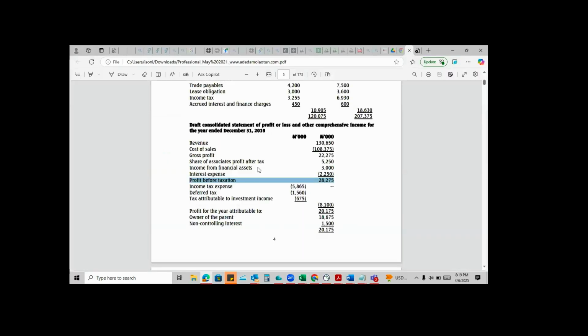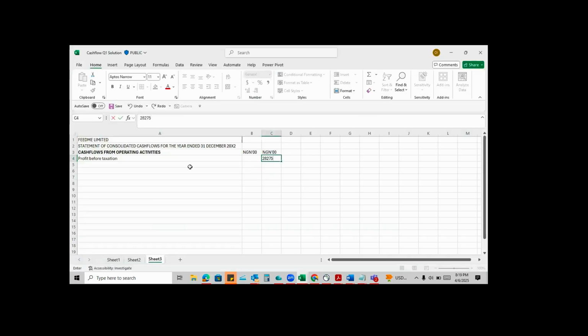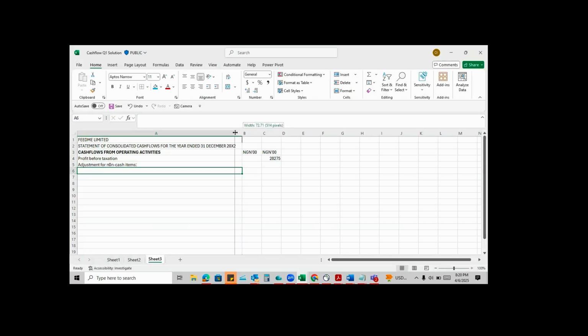All right. Now the first thing we normally do is to make adjustments for non-cash items. Now, let me quickly tell you the secret. It's not just non-cash items you are adjusting for. It's a double-edged sword, this adjustment.